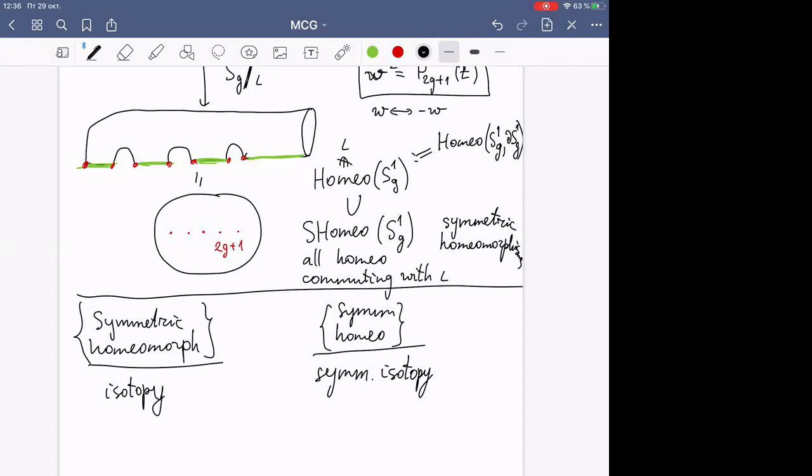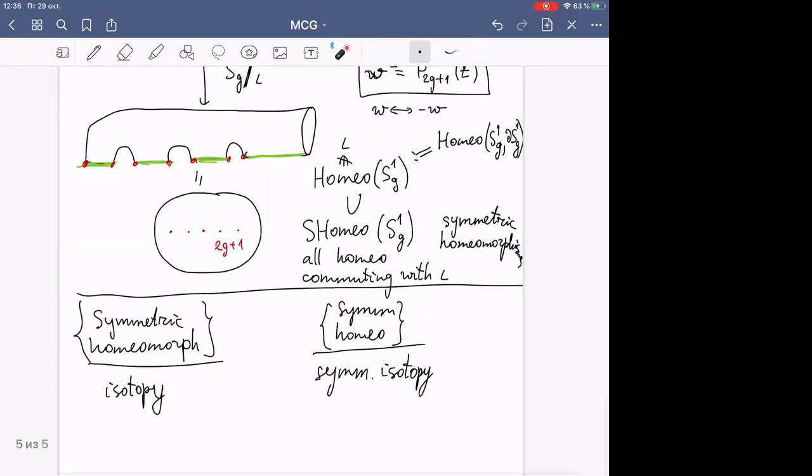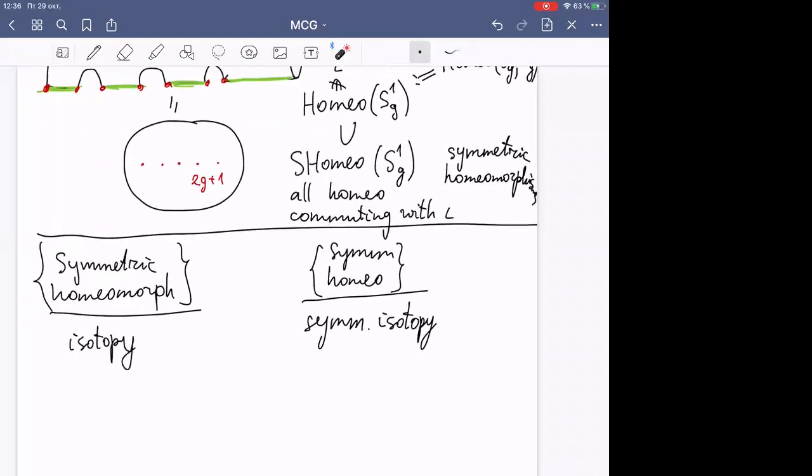Symmetric isotopy means isotopy inside symmetric homeomorphisms, so that we may consider two symmetric homeomorphisms and wonder whether they are isotopic, not requiring that the homeomorphism remains symmetric through the isotopy, or we may require that the homeomorphism remains symmetric through the isotopy. And a priori, these are different equivalence relations.